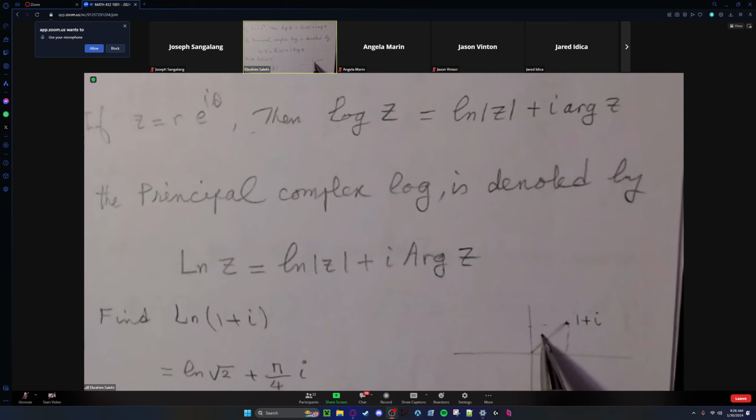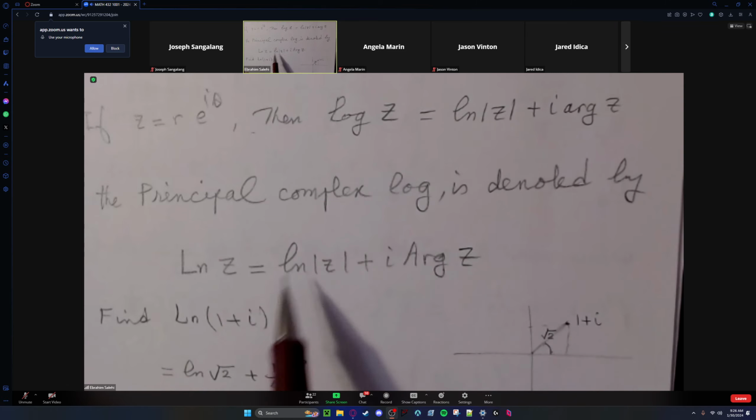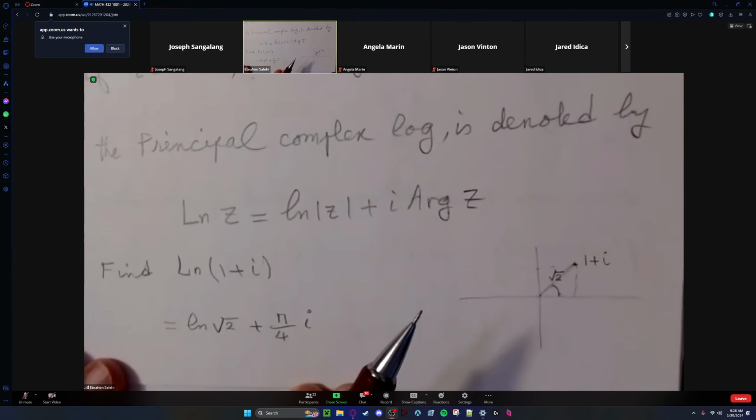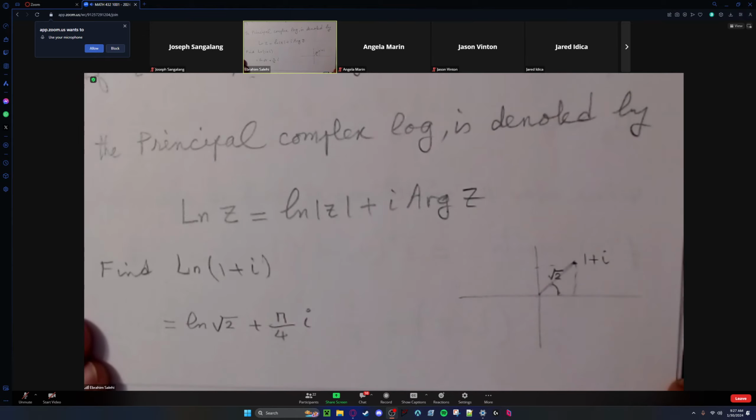So modulus z is the square root of 2. So logarithm, and an argument is pi over 4, by the way, principal argument. So based on this formula, here is natural log of the square root of 2 plus pi over 4 i. Okay? This is a very good example of finding logarithm.